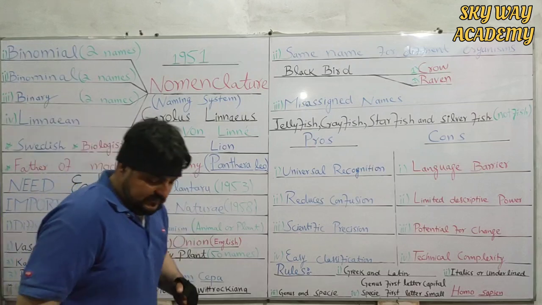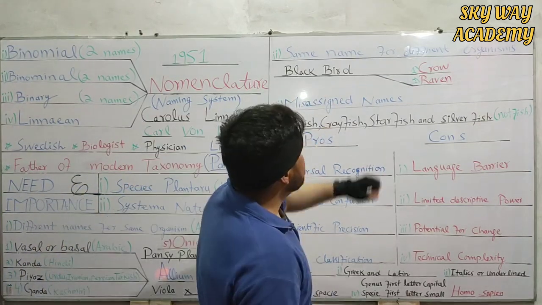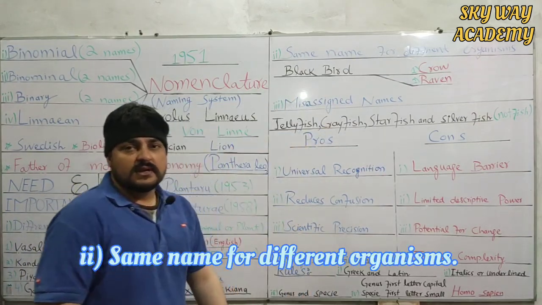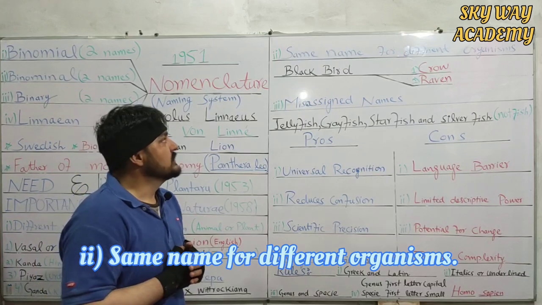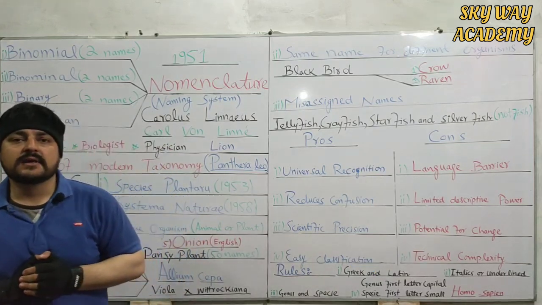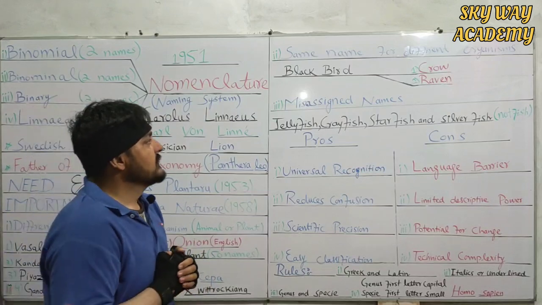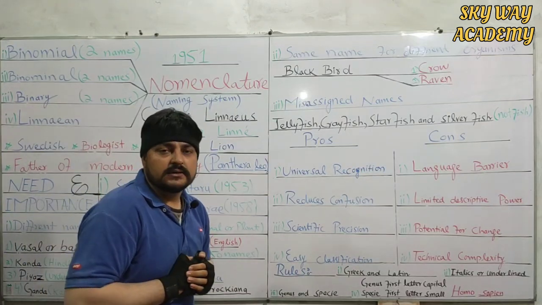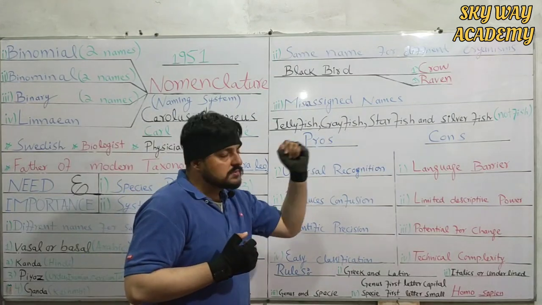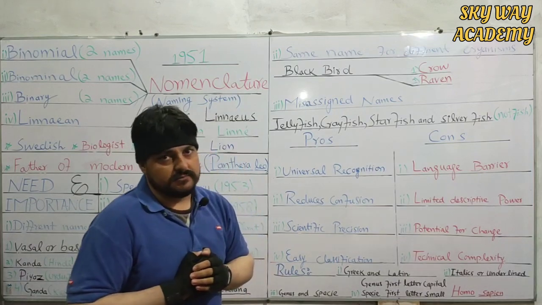Let's move forward to the second reason: the same name for different organisms. People will call two species by one name. For example, blackbird is a common name used for crow and raven.